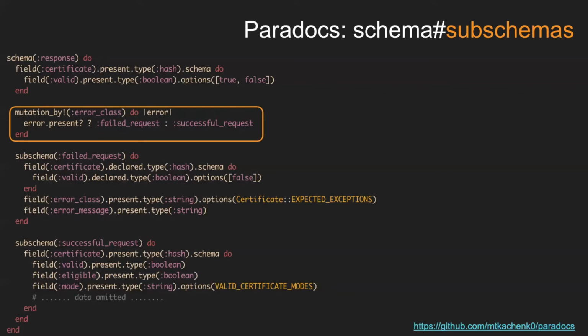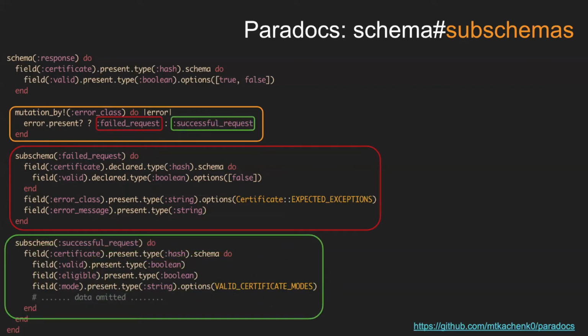Here, the logic for choosing a subschema is described inside mutation by method, which is linked to the error class key, which may come or not. We don't really know. If it comes, gem will invoke schema for failed request. If not, a successful request schema will be invoked, as written in block.